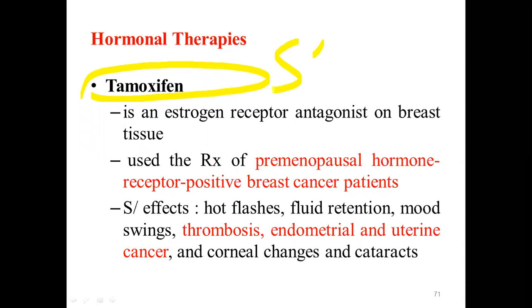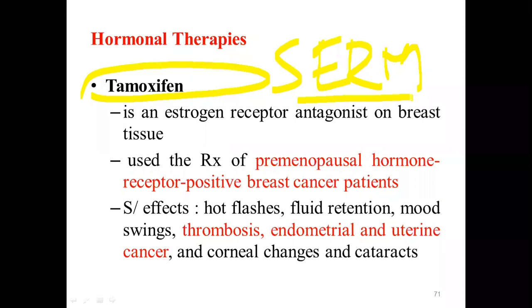Selective estrogen receptor modulator. You have not covered selective estrogen receptor modulators? We have. Yeah, so those are the classes of selective estrogen receptor modulators. From the selective estrogen receptor modulators, tamoxifen is the most effective, by the way, in managing breast cancer.